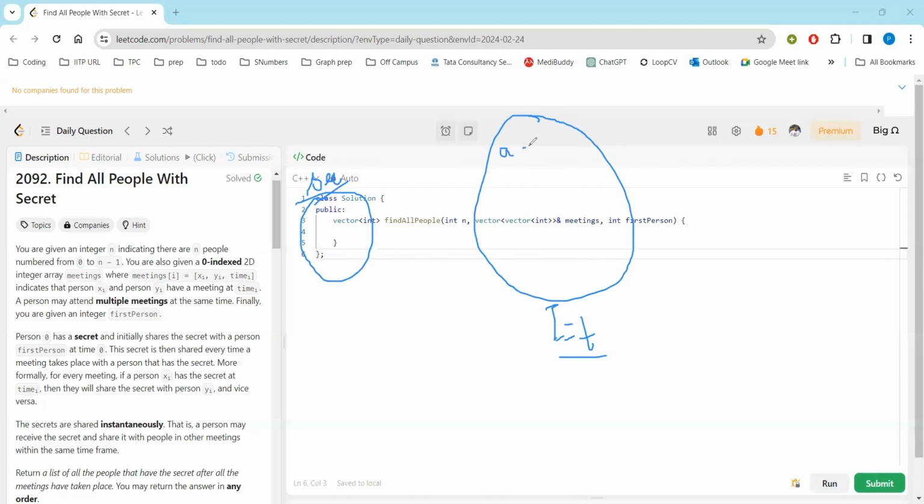For example, A is linked with B, B is linked with C, F is linked with G, like this. Now we can see inside this group also there are two subgroups, this one and this one.